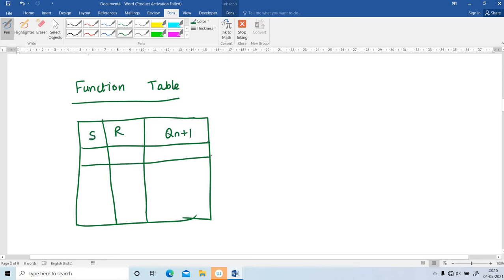Okay, first value, S is equal to 0 and R is equal to 0, Qn plus 1 is Qn. No change in the state. Second, S is equal to 0, R equal to 1, reset, that is 0. And next, S is equal to 1 and R is equal to 0, set, that is the state. Both are equal to 1, indeterminate state. So this is the function table.